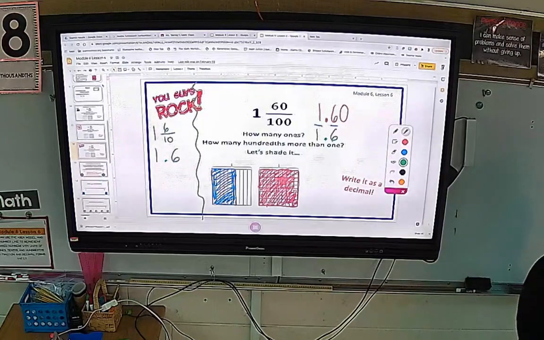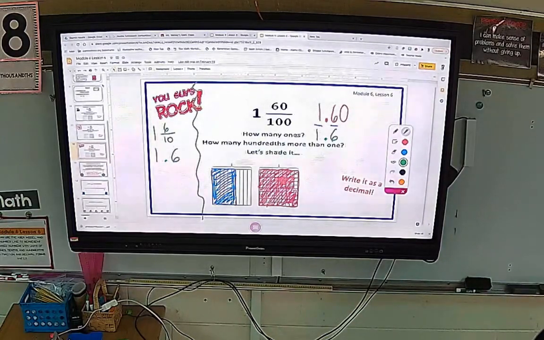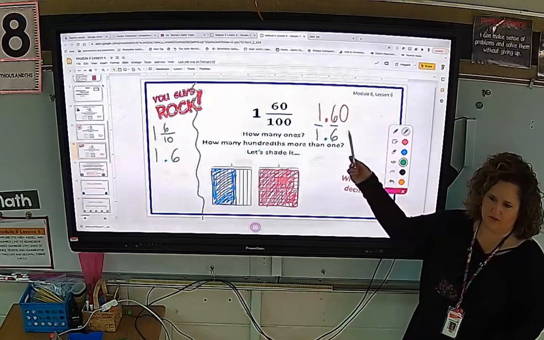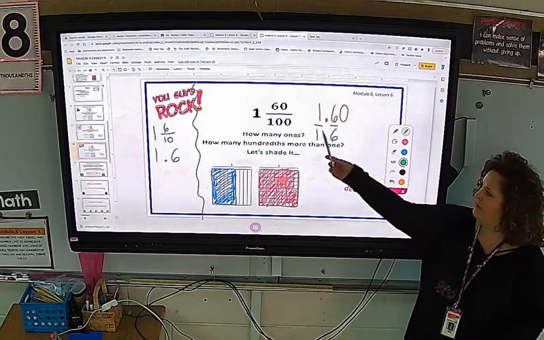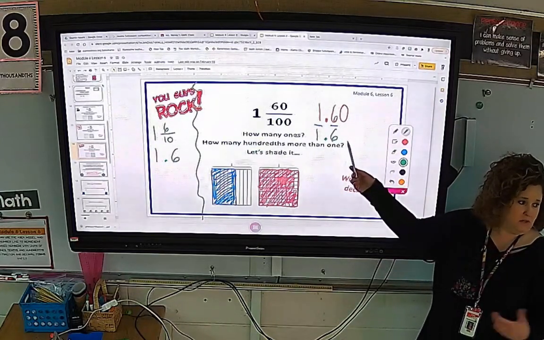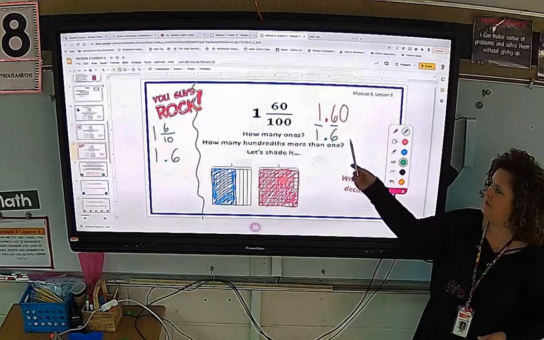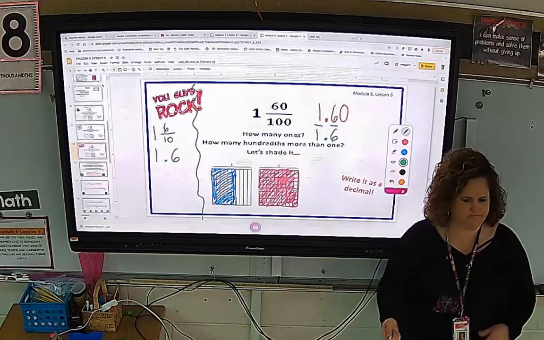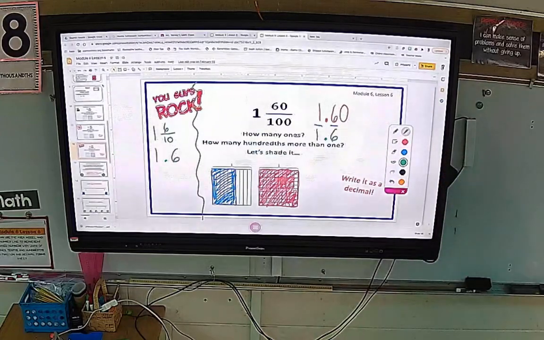It's the same amount. I have 1 whole, I have 6/10, I have 0 hundredths. I have 1 whole, I have 6/10. You got any hundredths here? No. I have no hundredths here, I have no hundredths here. Then why bother with that 0? It's just showing you that these are equivalent to each other.